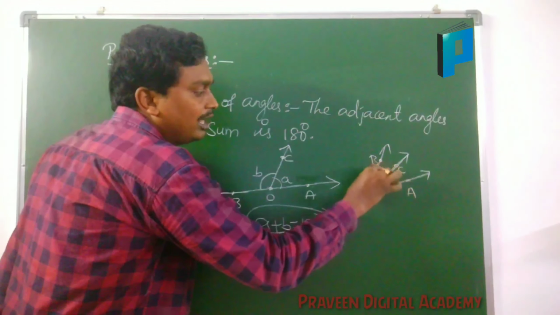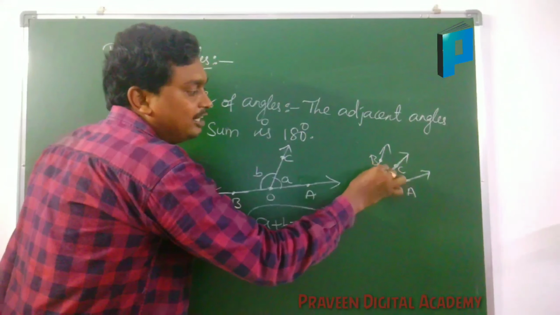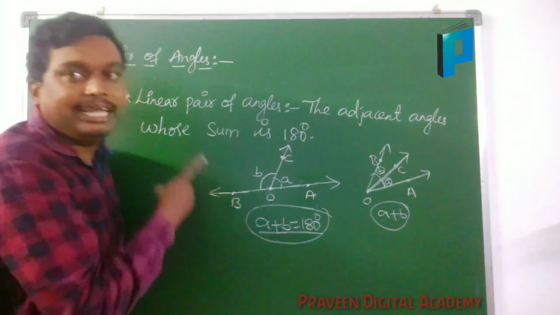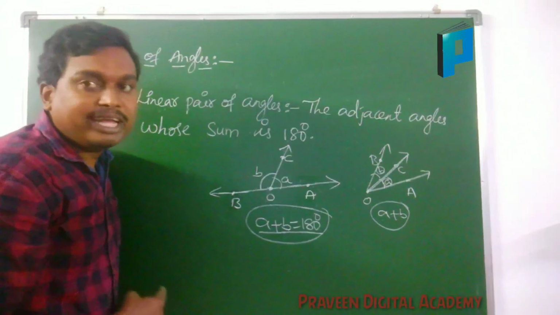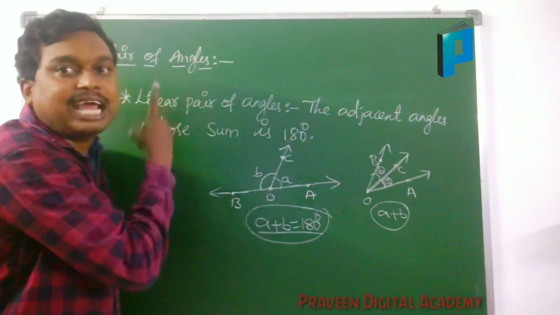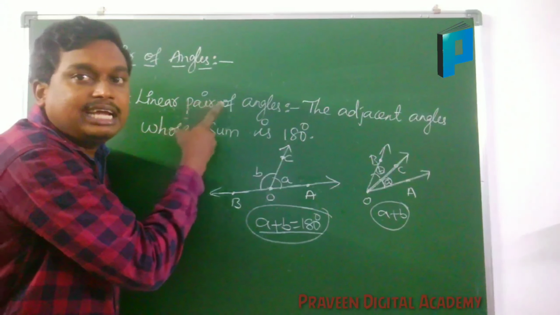Both the angles are called a and b. Here if you add a plus b in adjacent angles, it need not be 180. There is no rule that it should be 180. In the linear pair, the sum of the two adjacent angles should be 180. So we can say that all linear pairs of angles are adjacent angles, but all adjacent angles are not linear pairs.